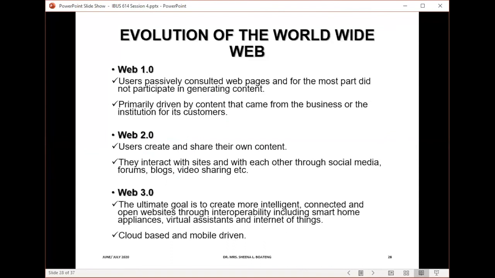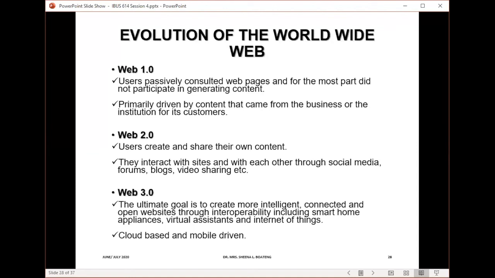So when the internet first started, they started with what was called Web 1.0, which we also call the static phase. And here it was static because it was one-sided. Every web page that you would open was just one-sided. You could only read information on the page.